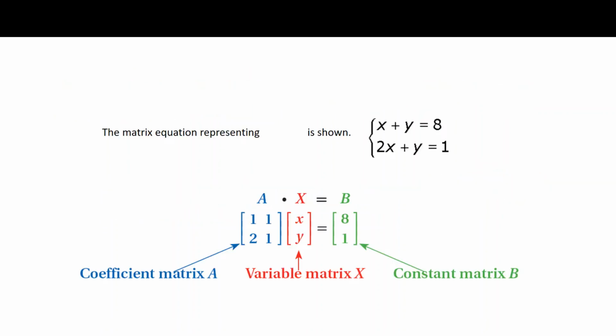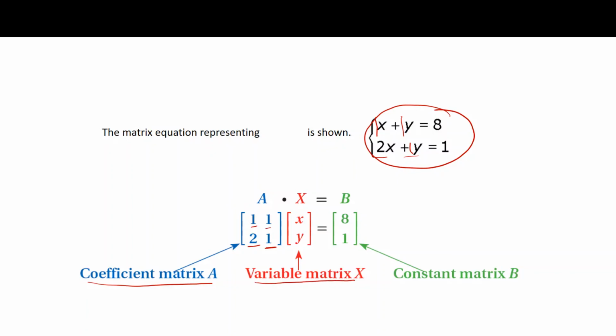So you can kind of guess what we're going to be doing. All right, here's a picture of what it's going to look like. We're going to be given a system. And remember, a coefficient, if there's nothing there, is an understood 1. All right, so the coefficients of this matrix are 1, 1, 2, and 1. All right, so there's our coefficient matrix. Now we have our variable matrix.